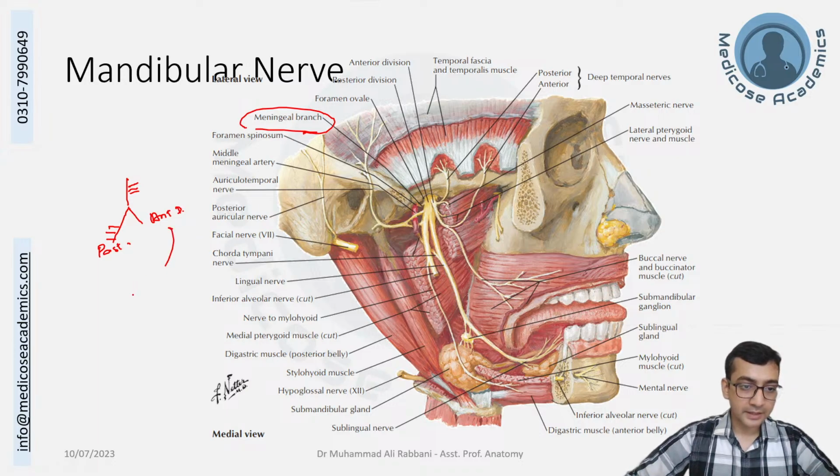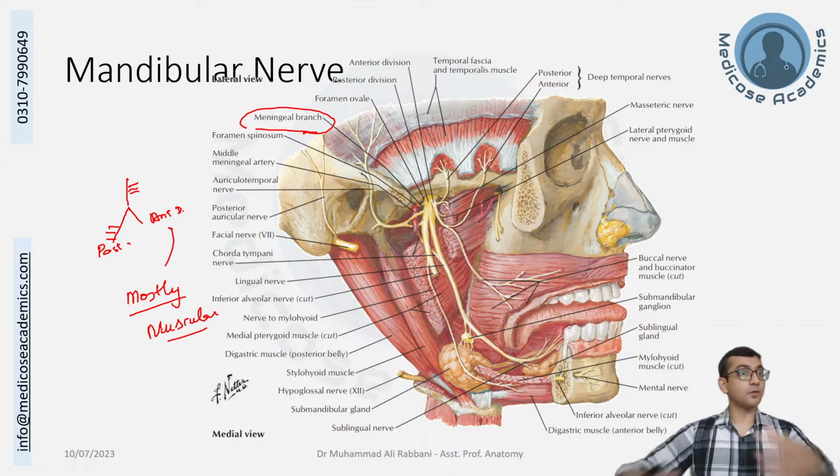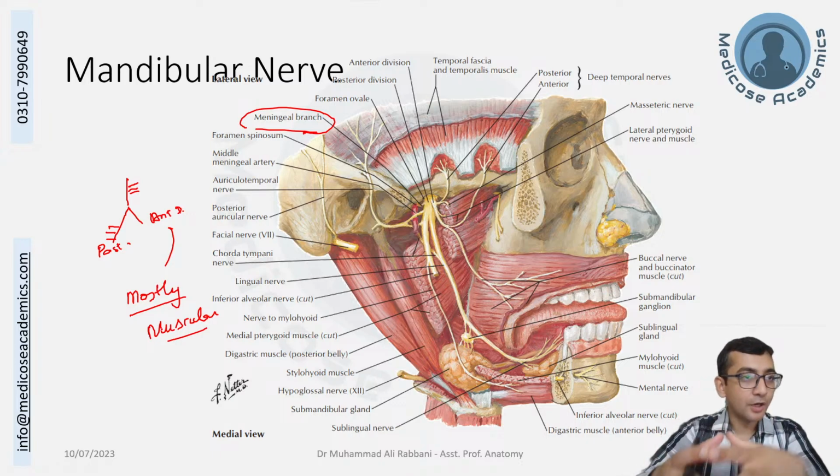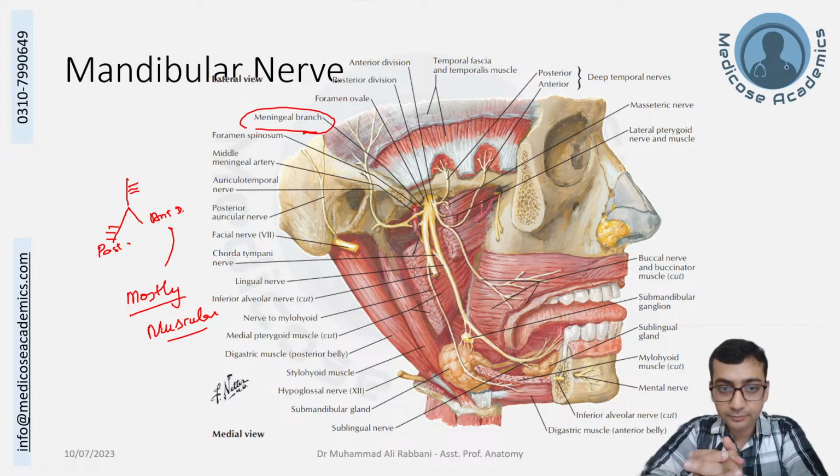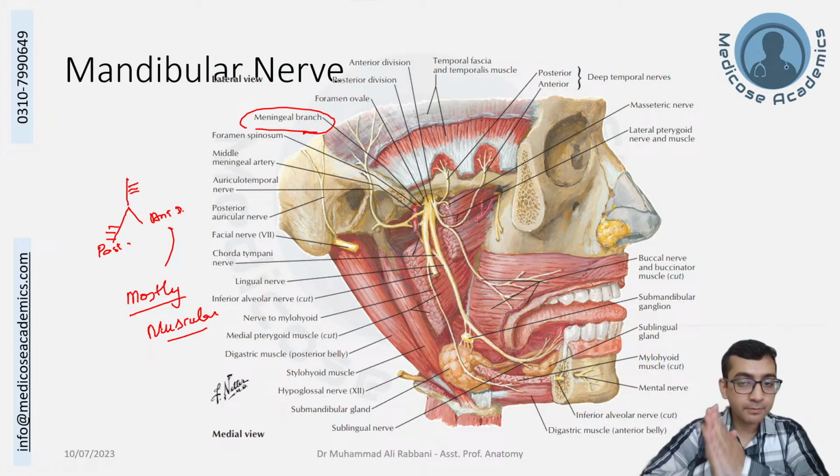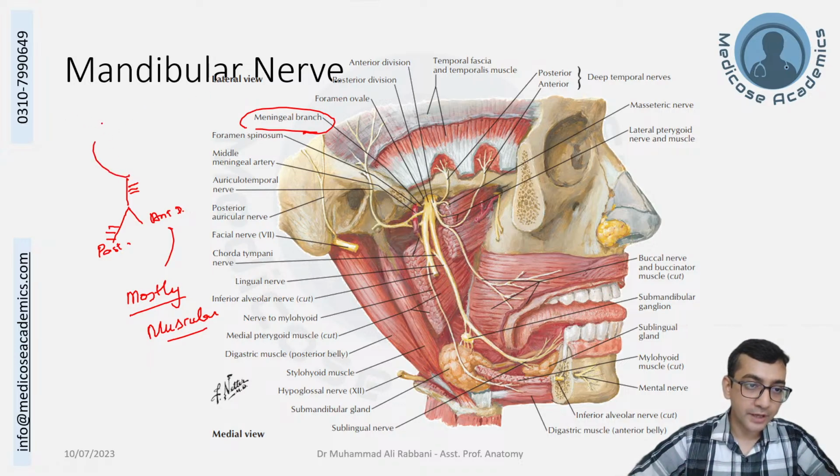Anterior is the one that is mostly, I'm using the word mostly, muscular. Again, what were the muscles in the infratemporal fossa? These were the muscles of mastication. Have we covered any muscles of mastication in the main trunk? Yes, we have covered the medial pterygoid. So what are we left with?